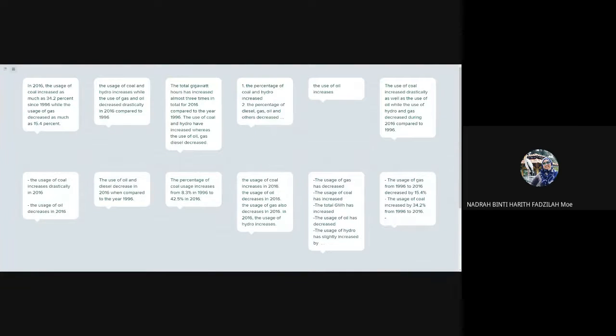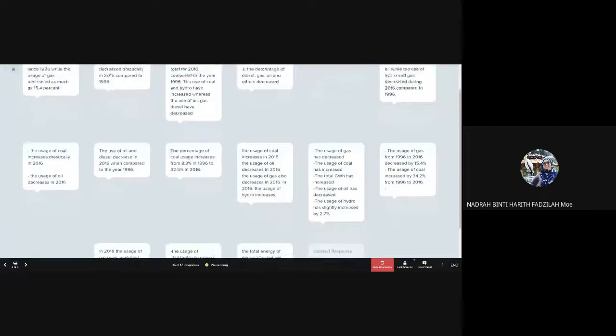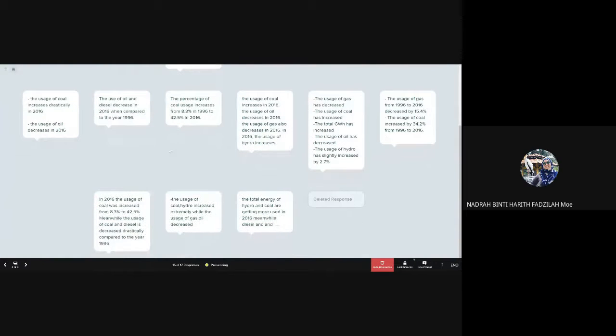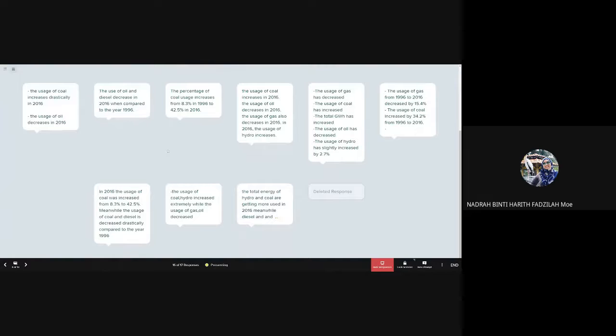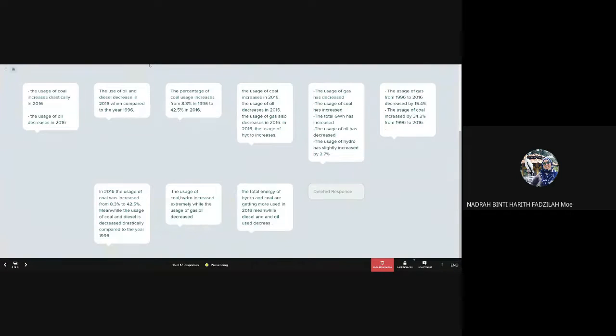Okay. So ada juga yang membuat observation dari segi dia cakap in general sajalah, yang mana yang increase, yang mana yang decrease ya. Okay, which is also good. Good observations overall.